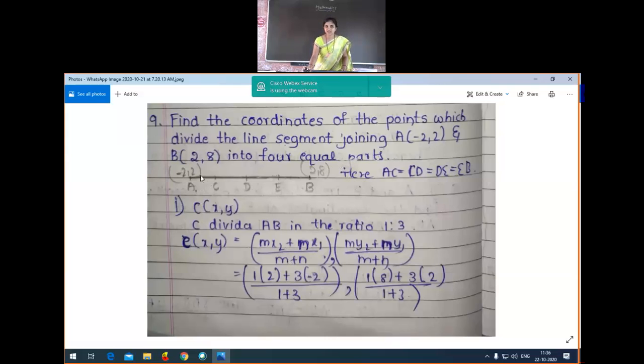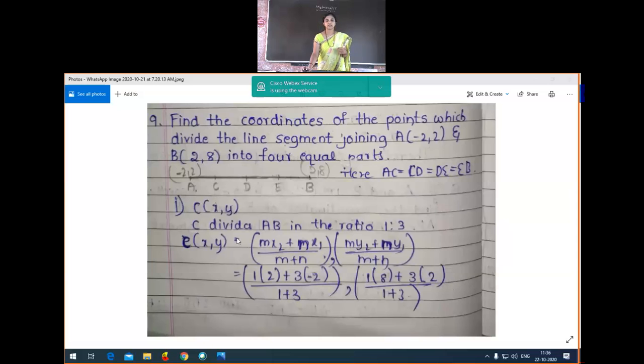How is the ratio 1 is to 3? These are equal parts, that's why we are taking the ratio as 1 is to 3. So now observe: 1 into 2 plus 3 into minus 2 divided by 1 plus 3, then 1 into 8 plus 3 into 2 divided by 1 plus 3.